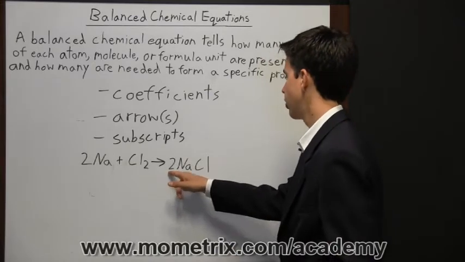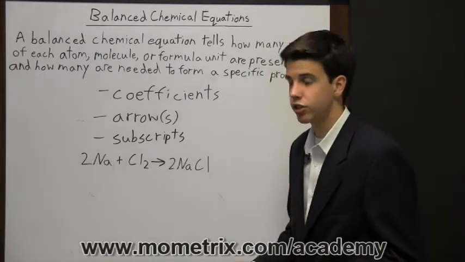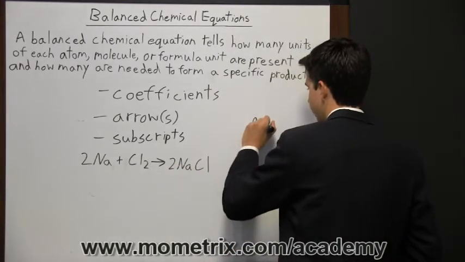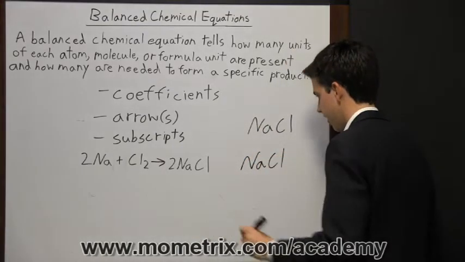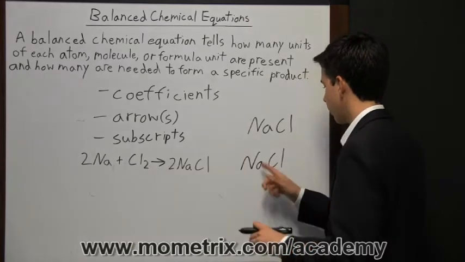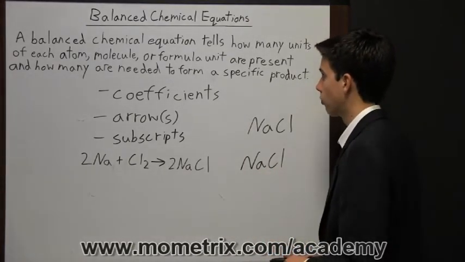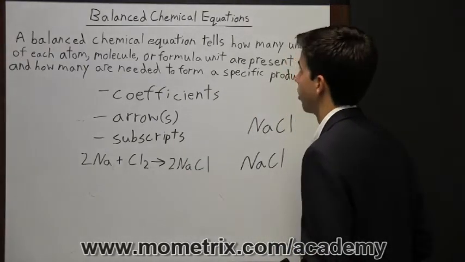And since we have the coefficient of 2, it means we have 2 sodium chloride molecules. So you only need 1 sodium and 1 chlorine atom to join together to form sodium chloride. So that's what it means when it says how many are needed to form a specific product.